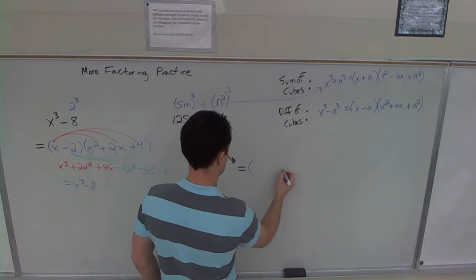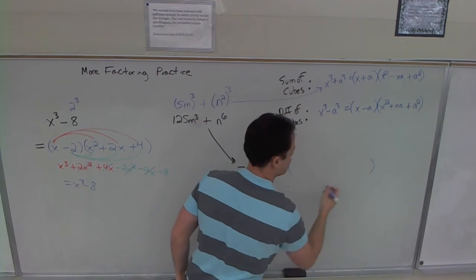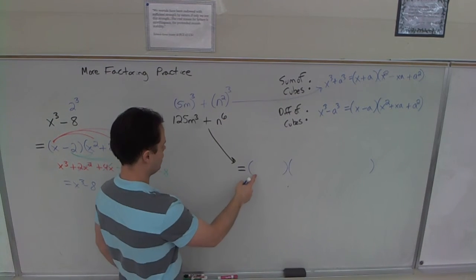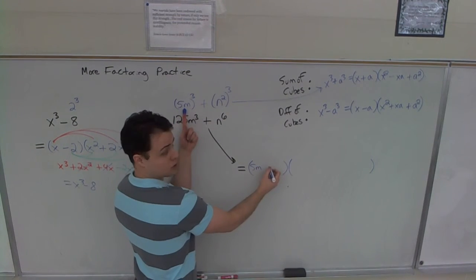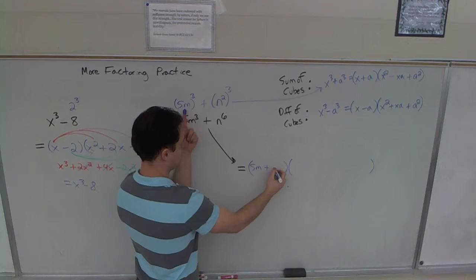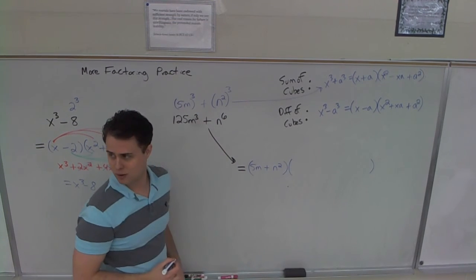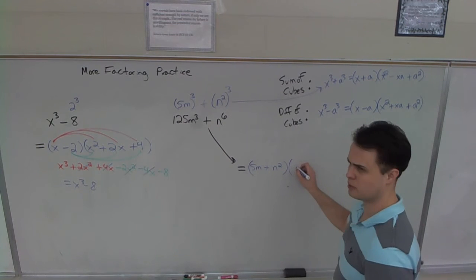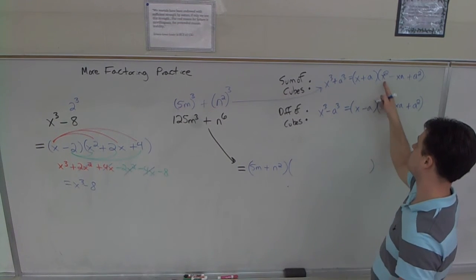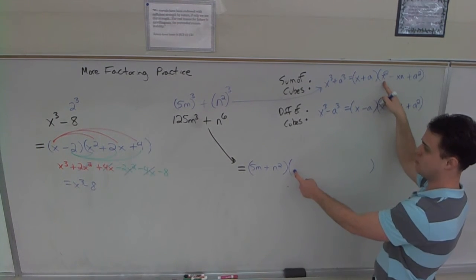So we go, right? Small factor, big factor. And I think we went first thing plus second thing. Right? And then you guys help me over here. What do we have to do according to the formula? 5m squared. 5m all squared.